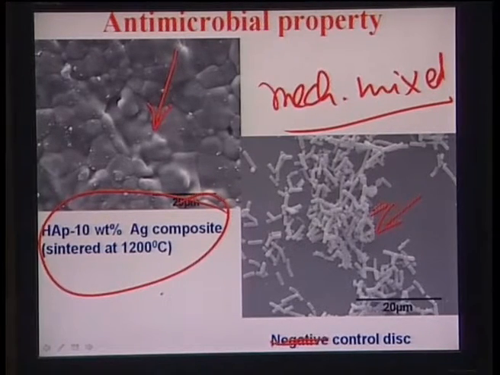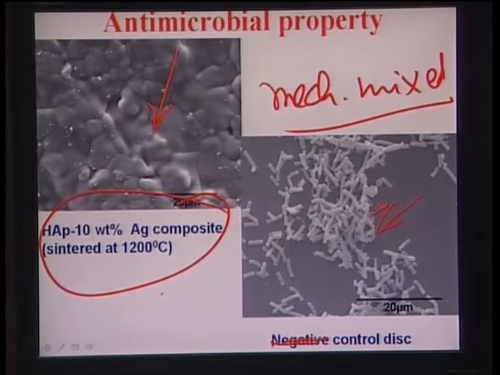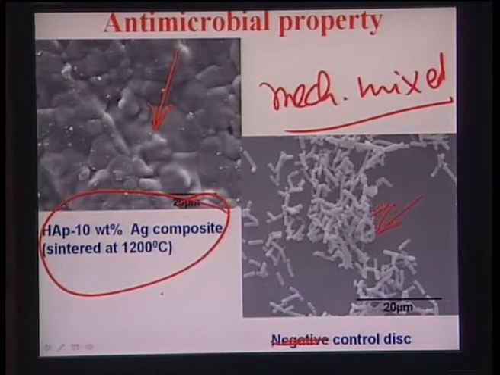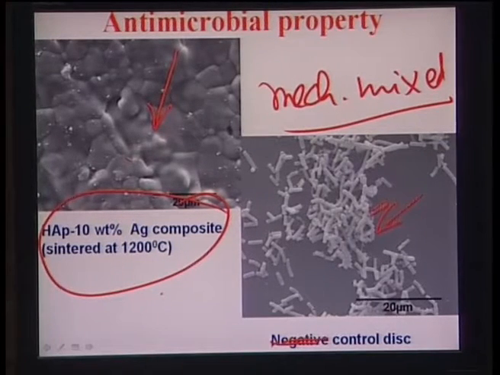After culturing the same E. coli bacteria for 4 hours, you do not see any bacteria adhering on this material. You can only see the remnants or residue of the bacteria after they have been killed. Therefore the hydroxyapatite 10% silver composite has good antimicrobial property.